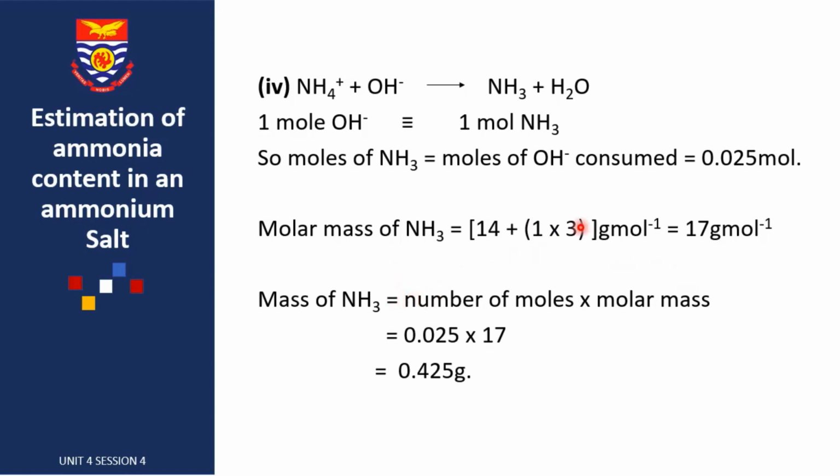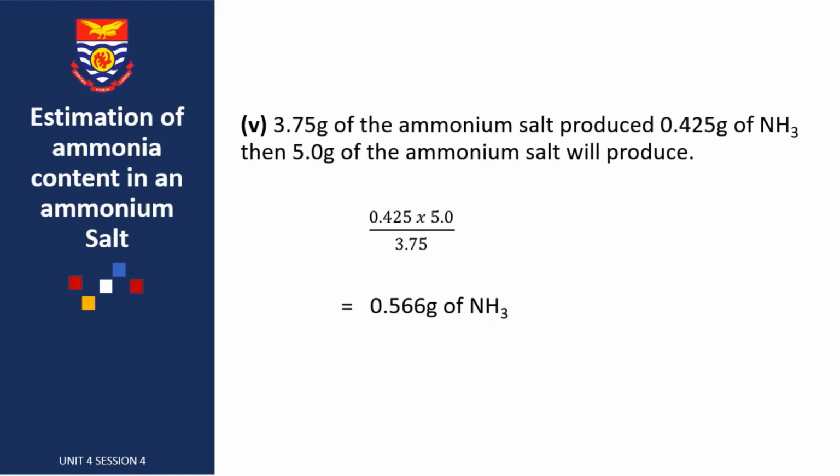And so we go for the moles of the ammonia and multiply by the molar mass of the ammonia, and that gives us 0.425 grams.